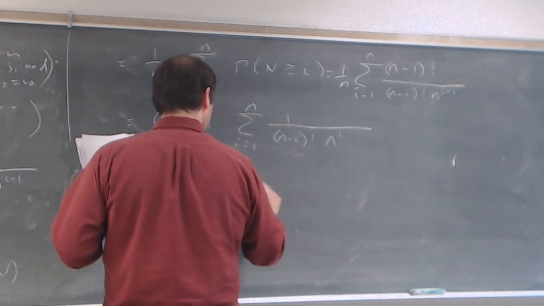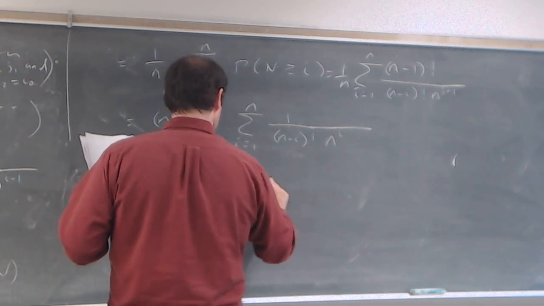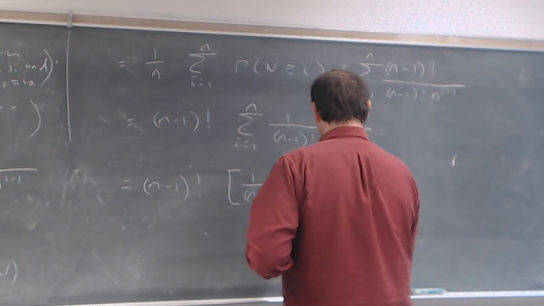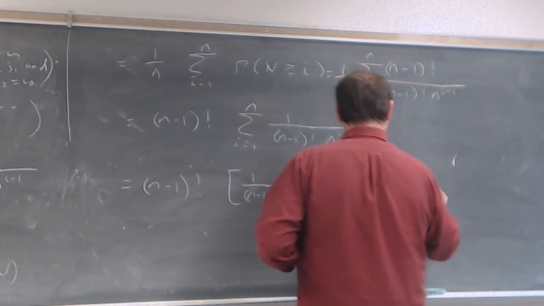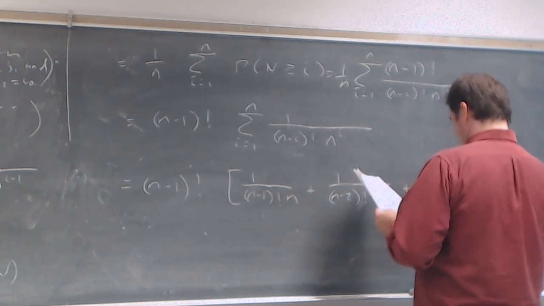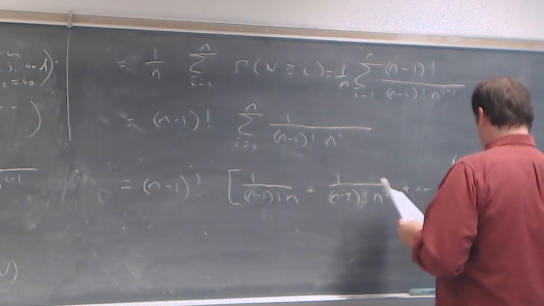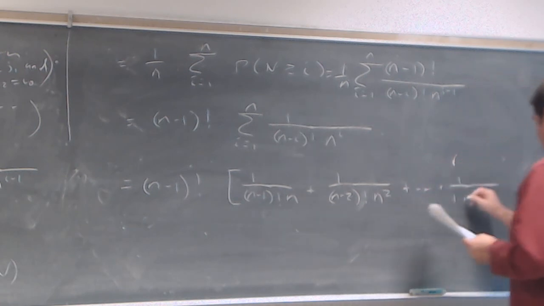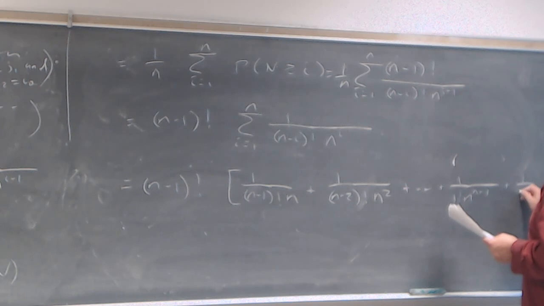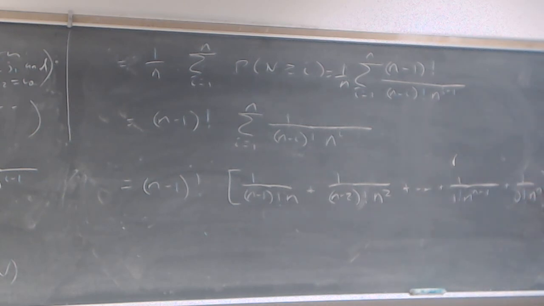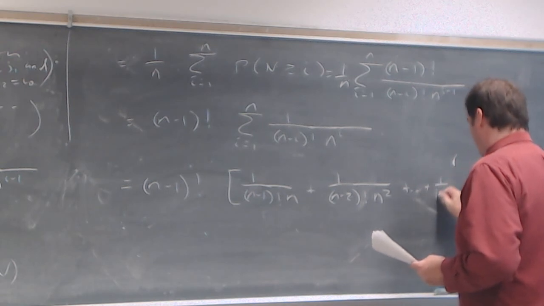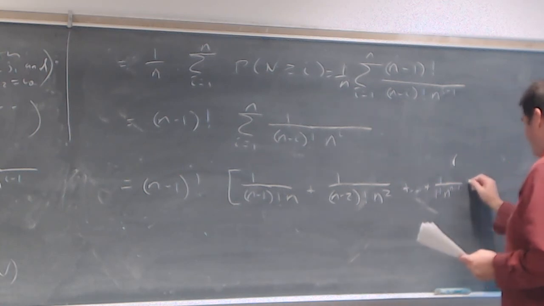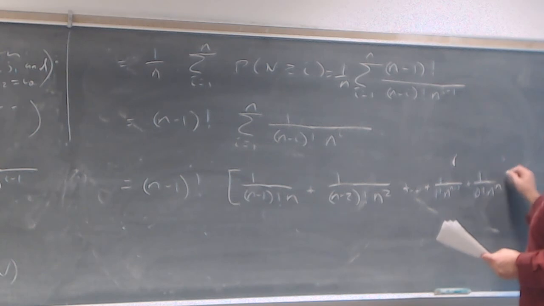This is 1 over (n minus 1) factorial times n, plus 1 over (n minus 2) factorial times n squared, plus we keep going, and we eventually get to 1 over 1 factorial times n to the n minus 1, and then the last term is 1 over 0 factorial times n to the n. Okay, we can see that.